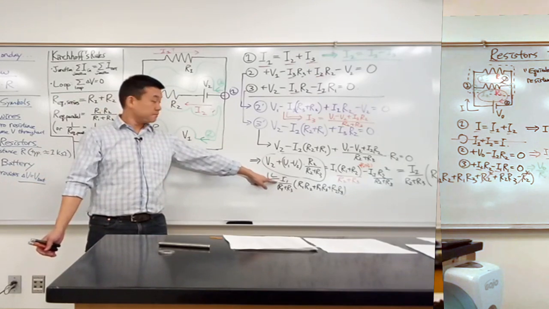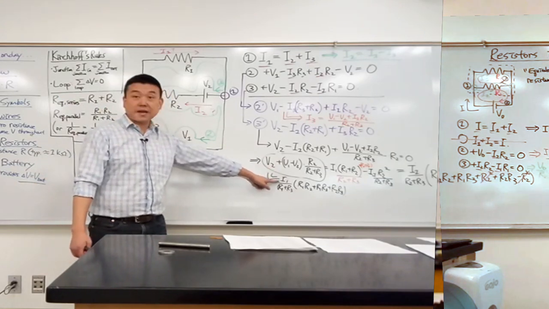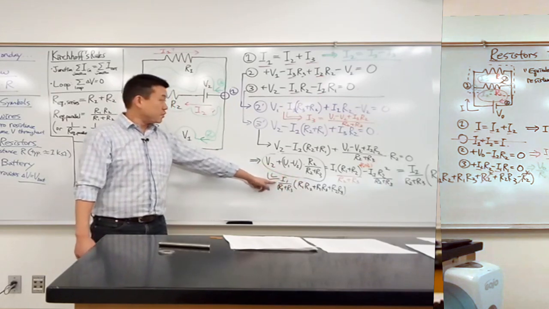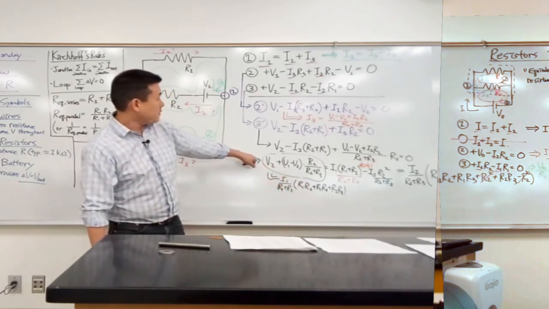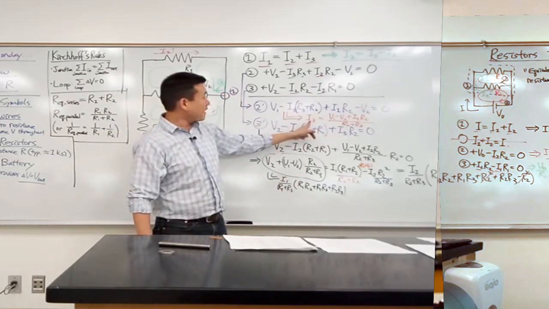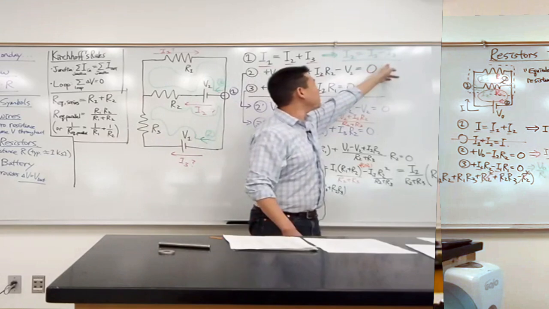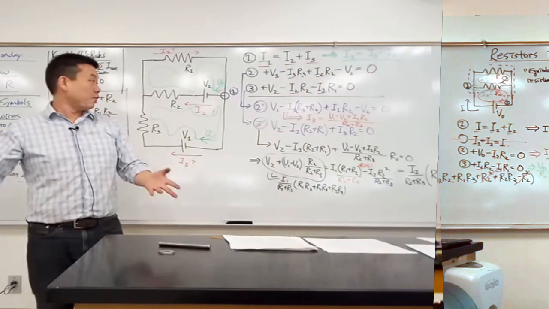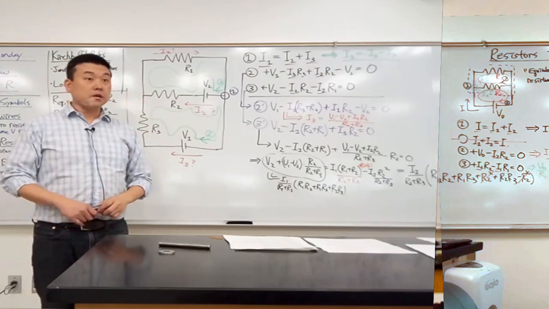In this equation, the only unknown is I1. If I have numerical values for everything else, I can solve for I1, which means I can plug that I1 into here to get I3, and I can plug that I1 and I3 into here to get I2. So that's how you solve for all the currents in this circuit.